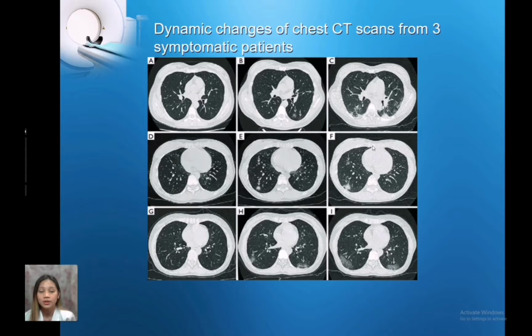After having this CT scan, they took another CT scan of the chest 4 days later. This is F. You can see that it is a bit bigger compared to the last CT scan. The finding here, guys, is that the patient has a lesion.